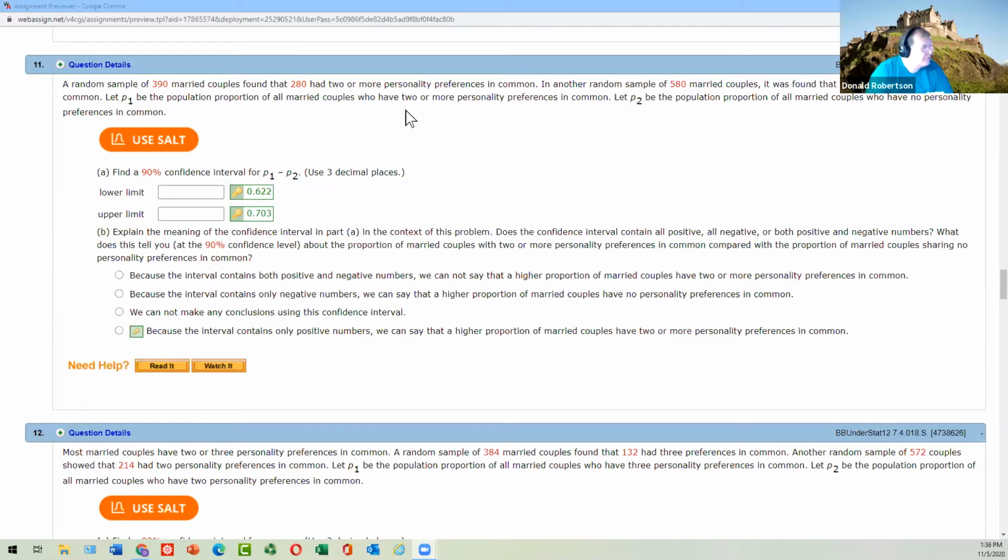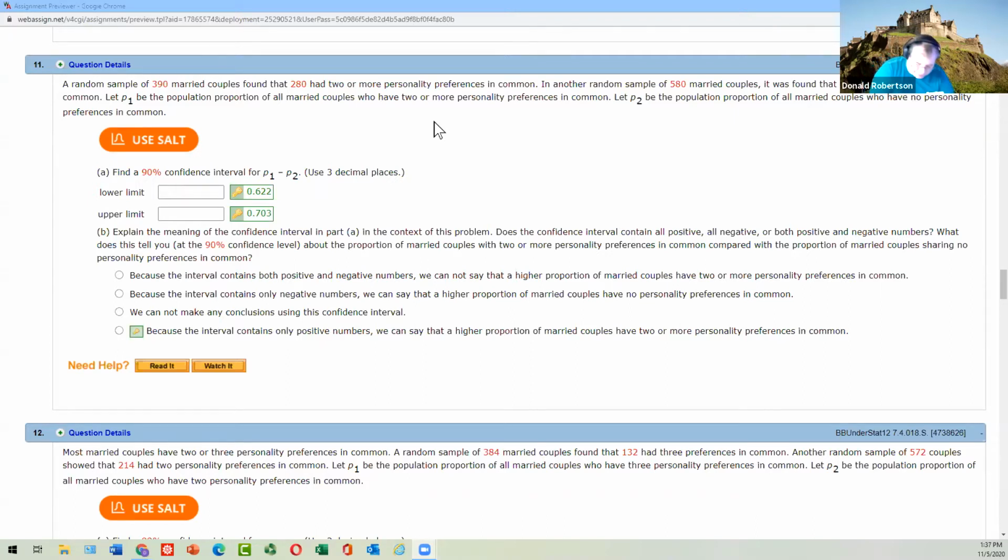And then in the second group, 580, they were married as well, a different sample, married couples, with nothing in common. Out of a sample of 580, only 32 were like that.